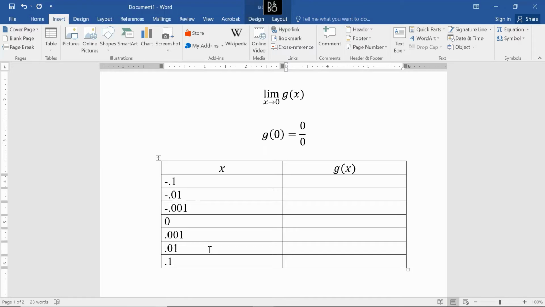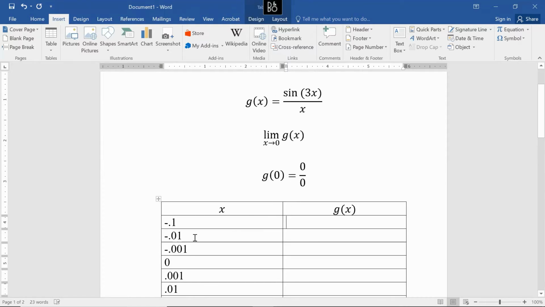And once again, I'm not going to show the calculation of plugging in -0.1. You can do that on your own. By the way, one thing I want you to do before you start this, so that we're all on the same page, is make sure your calculator is in Radian mode, so that we're dealing with radians, not degrees. That's especially important when you talk about trig functions.